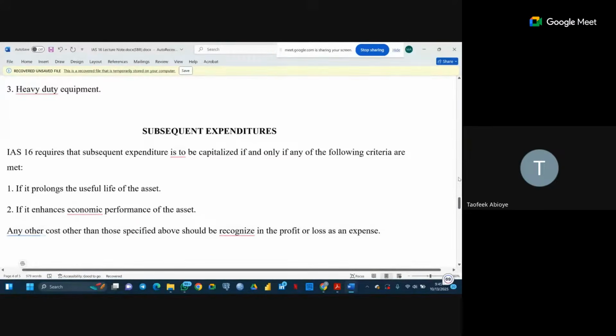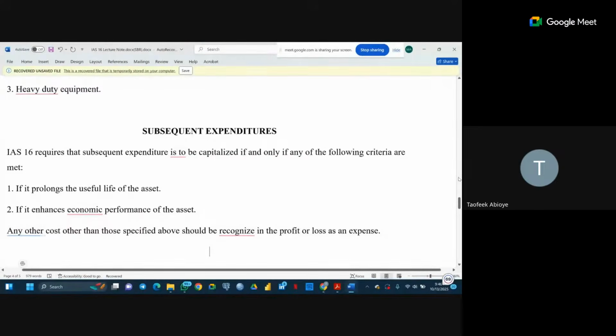What are the criteria for us to add a particular cost back to the value of the asset? Number one, if the cost we incur on that asset is going to prolong the useful life of the asset, that means we are allowed to add the value of such cost back to the value of the asset. We can capitalize that value of repairment, that value of additional cost incurred.